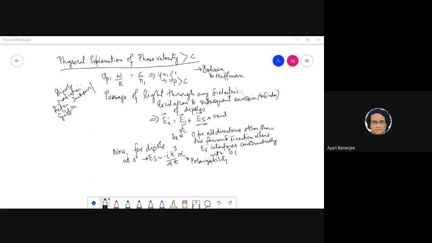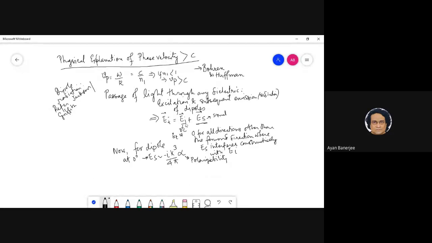Yes, we want to argue why there should be k cubed. This is a classic scattering formula. When we do scalar diffraction theory, we also have something of that sort. This is again for classic dipole scattering. This is how the formula comes.